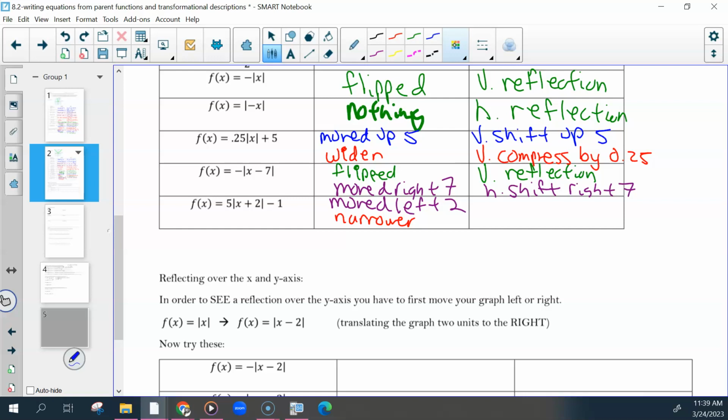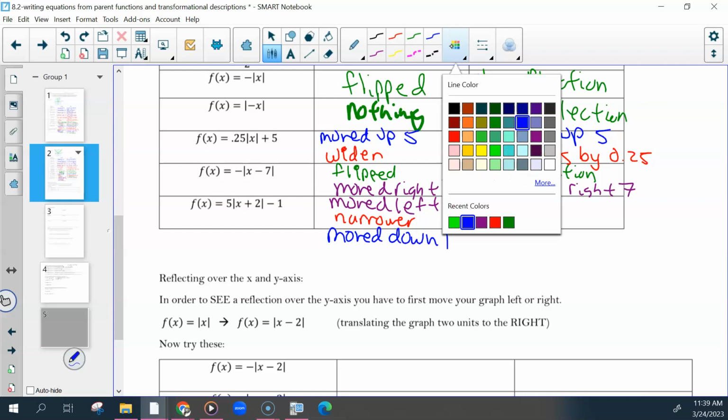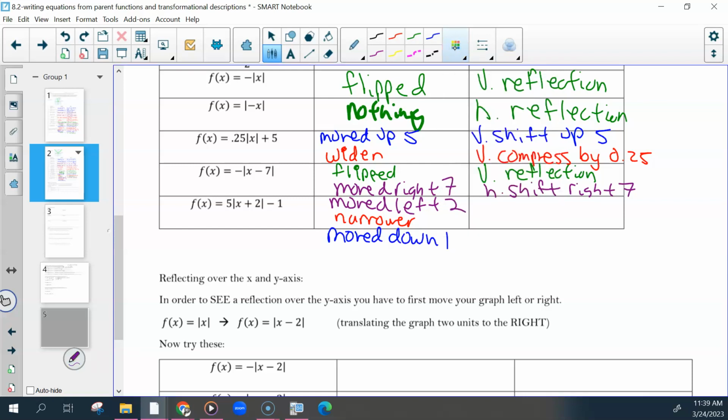So horizontal reflection is only if the negative is on the inside, right in front of the X. But it did move down 1. Right, so then how would we write those 3 rules?